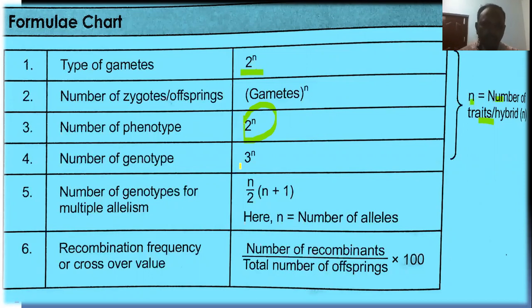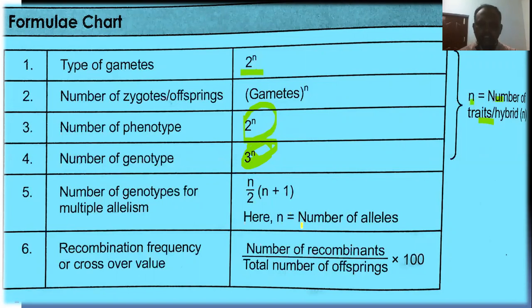Number of genotype, for calculating number of genotype, you can use the formula 3 power n. So these are very important formulas, right? Number of genotype for multiple allelism: if the character is expressed by more than one contrasting pair, then you can use this formula n by 2 into n plus 1.